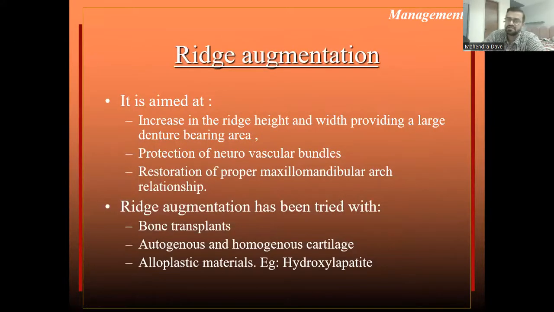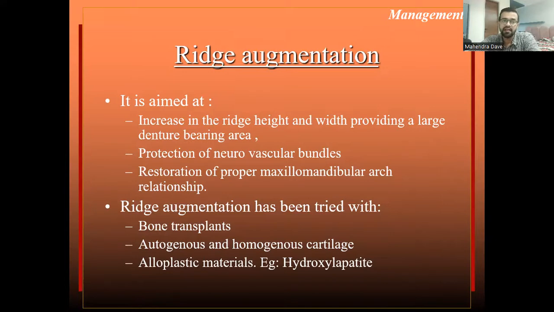Ridge augmentation surgeries. Ridge augmentation.